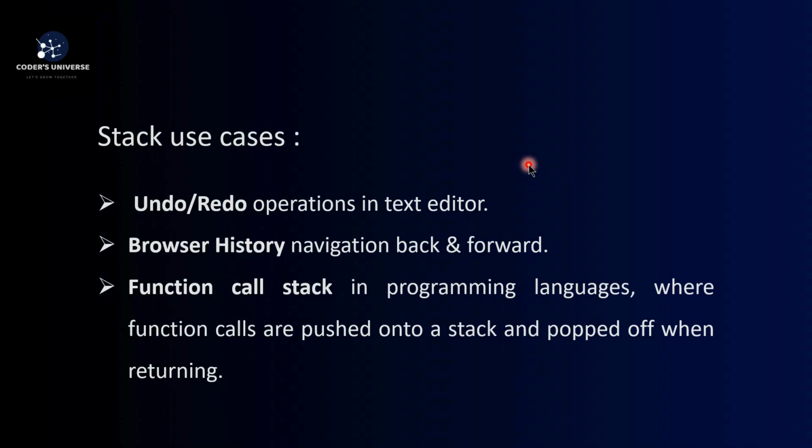We check our browser history to navigate backward or forward. Let's suppose you use the Chrome browser, and you open a website, then you close the tab, and you remember that you need that website, and you just check your browser history, and you go to that website.